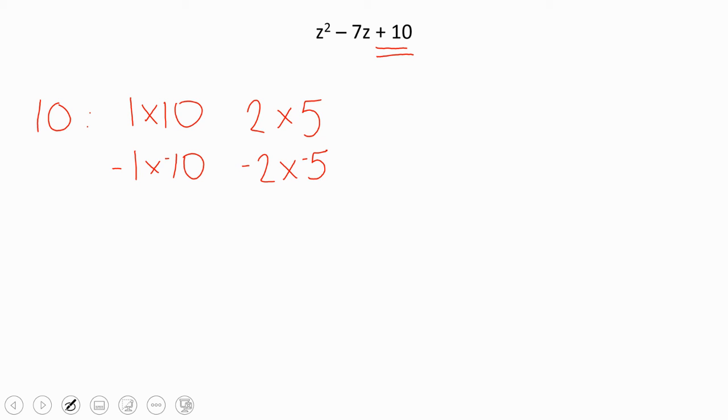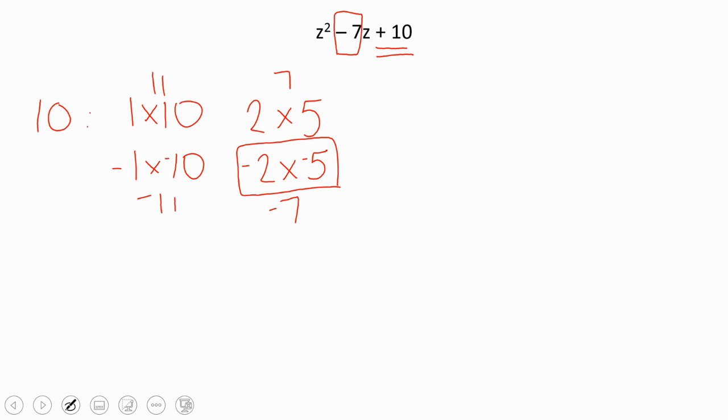Now we have to find which factors add to give us negative 7. 1 plus 10 is 11. Negative 1 plus negative 10 is negative 11. 2 plus 5 is 7. Negative 2 plus negative 5 is negative 7.